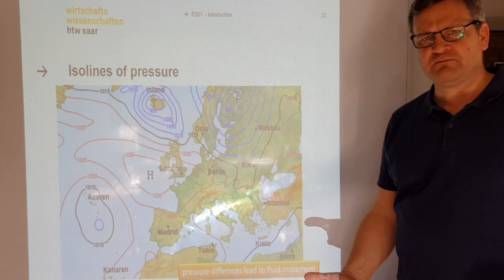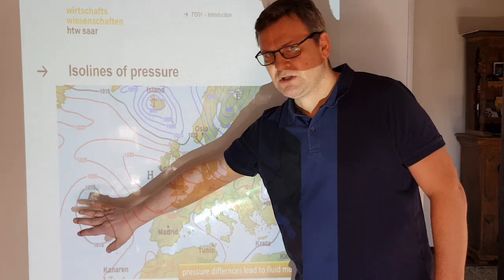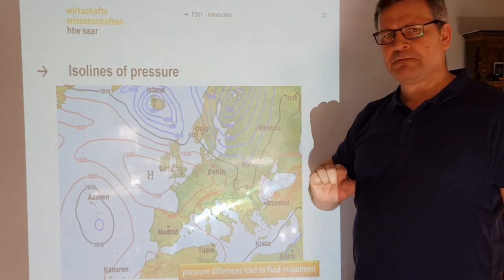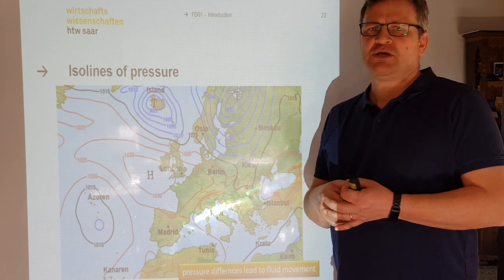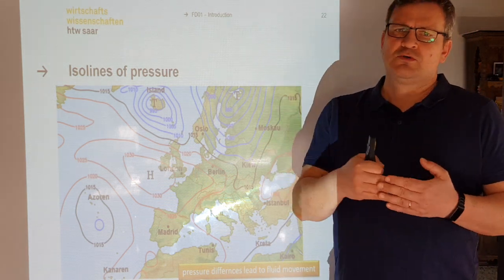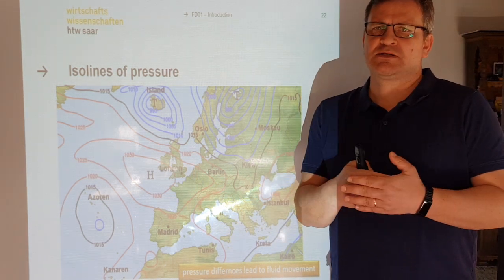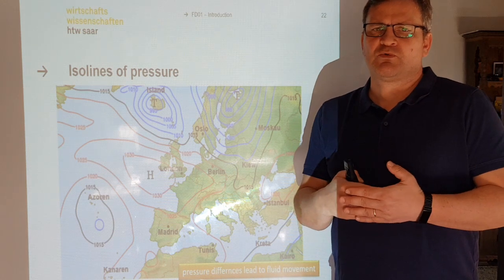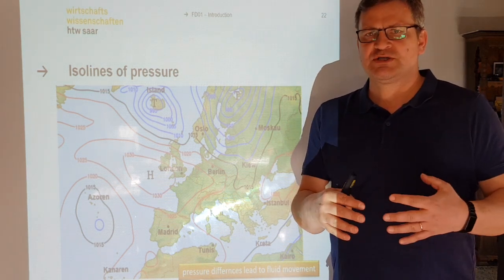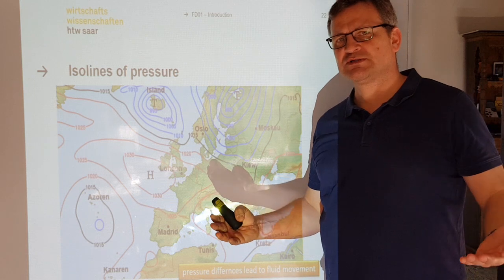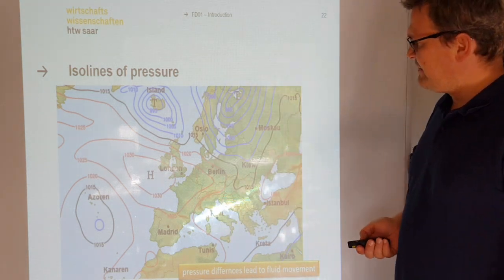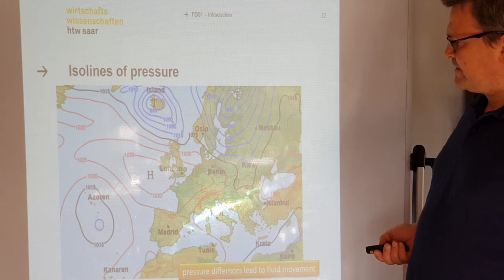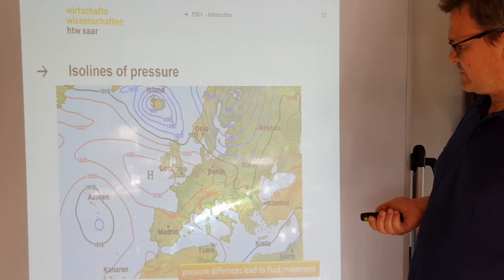So what will happen? We have high pressure here, low pressure here, and you all know it from, for example, if you make a hole into your bicycle wheel. What happens? With high pressure inside the wheel and low pressure outside, the air will come outside. And the same happens also here in Europe.